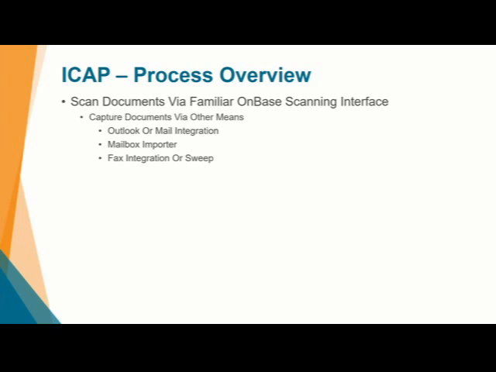Everything could automatically be introduced to the system. Also sweeping or utilizing any type of fax integrations if you're still receiving a number of invoices via fax. That doesn't change from how you currently might be capturing your invoices just to scan inside the OnBase world.